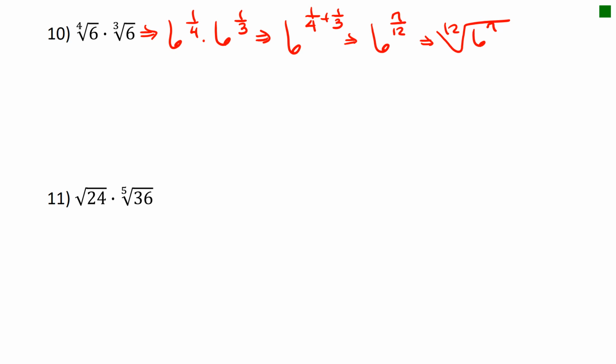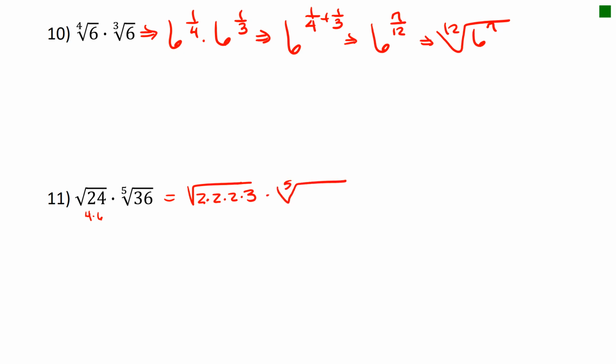So on this one, things get a little bit on the tricky side. We've got the square root of 24 and the 5th root of 36. I don't like that because they're not prime numbers. Remember the other one I took down to prime numbers. 24 is 4 times 6, so that's 2 times 2 times 2 times 3.